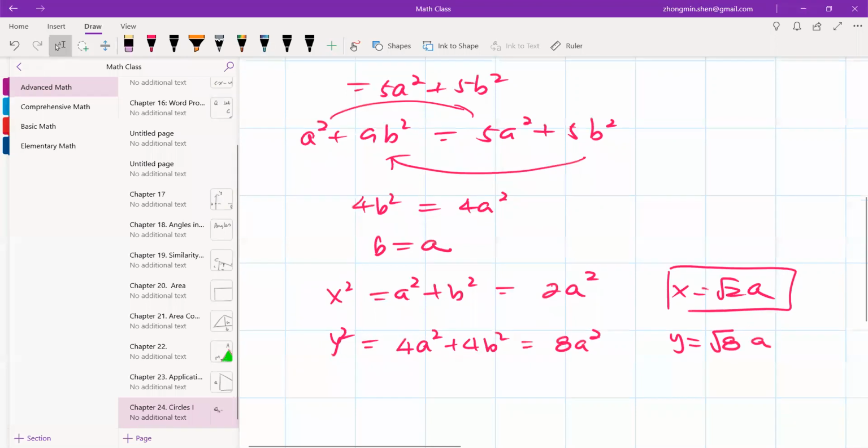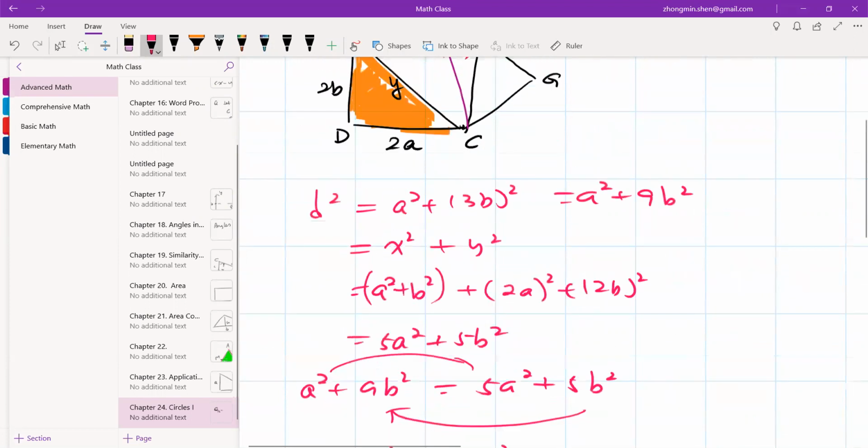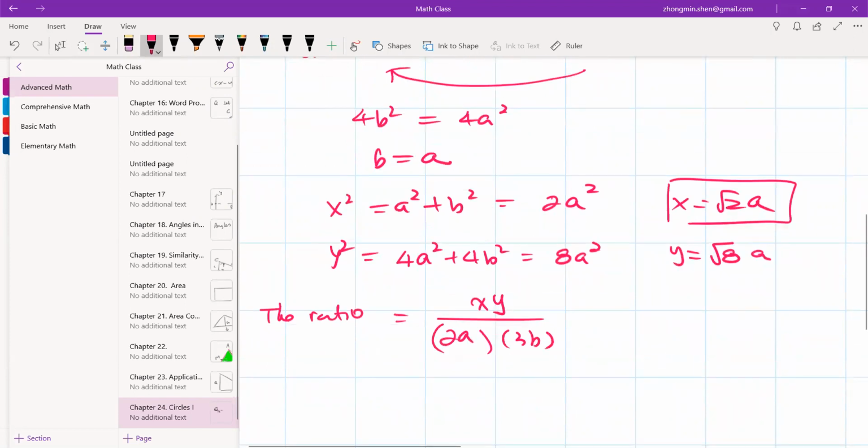Then the ratio of the area is going to be X times Y, that's the area of the smaller rectangle, and the area of the larger rectangle will be 2A times 3B.